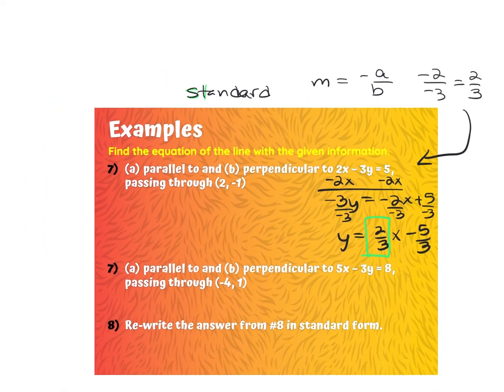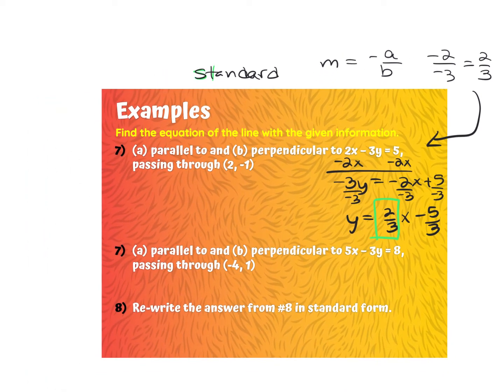For part A, I'm going to write my equation that's parallel, and I'm going to use point slope. I'm using this ordered pair as my x1, y1. So I'm going to do y minus negative 1, which becomes a plus sign. The slope is 2/3, and then x minus 2, my y1 and my x1. So I'm going to distribute: y plus 1 equals 2/3 x minus 4/3.